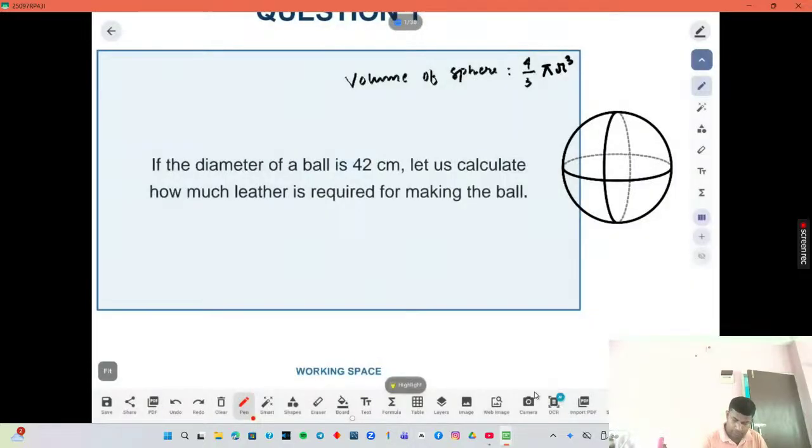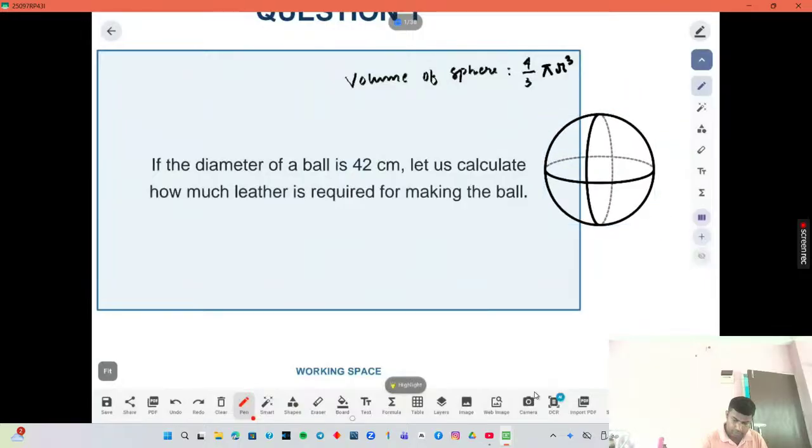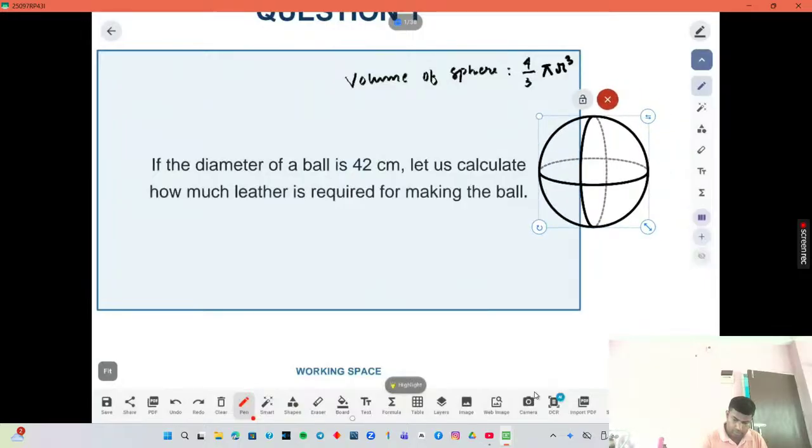Now I will draw the diameter. This is the diameter, that is B. So what is a diameter? Can you tell me in the chat box what is a diameter?